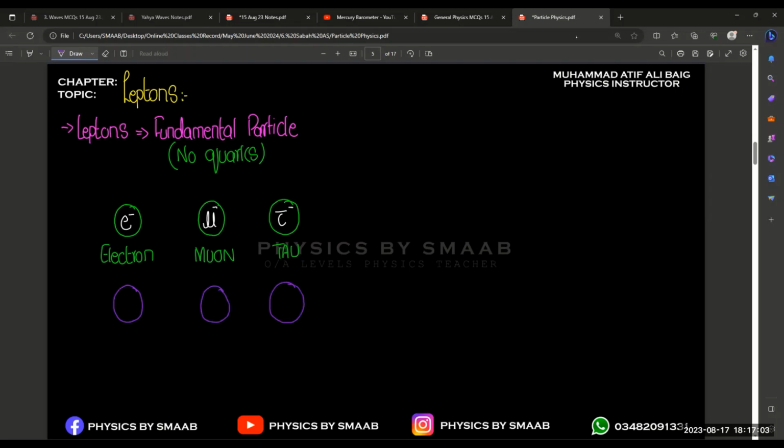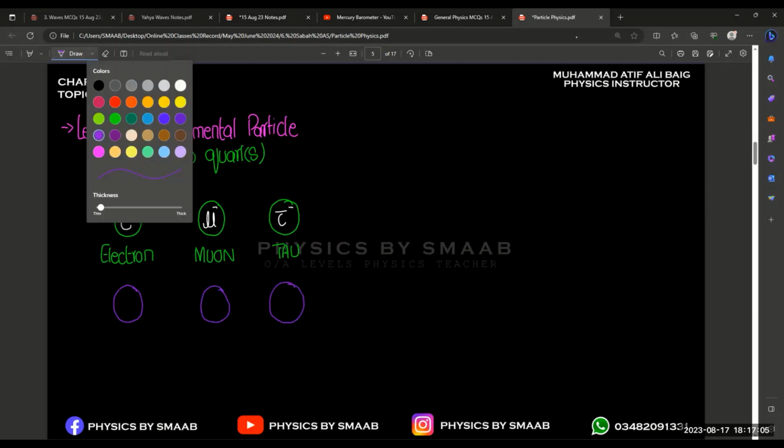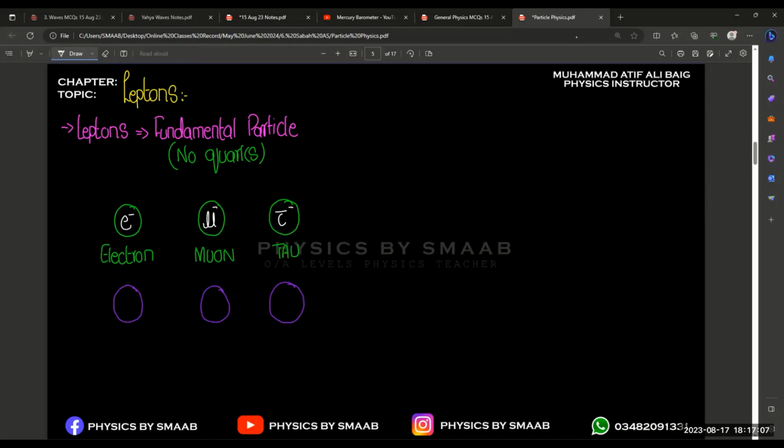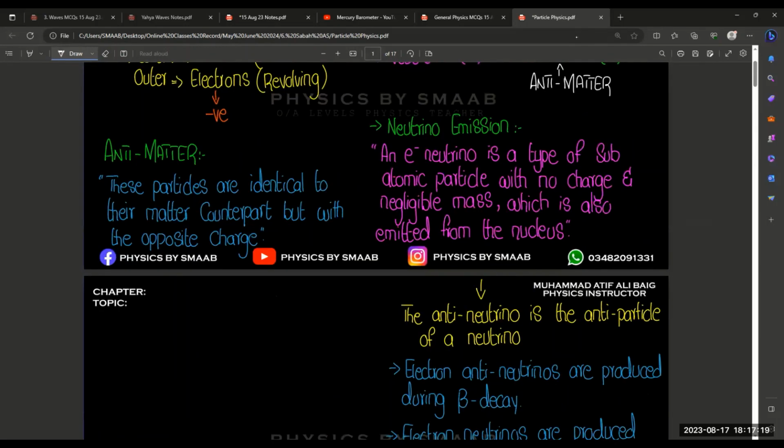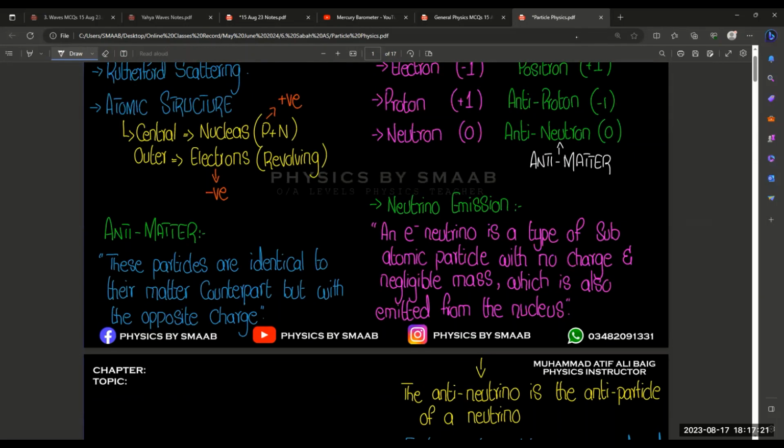And there are 3 other categories of the leptons. Previously, we discussed one other form, that is neutrino, right?